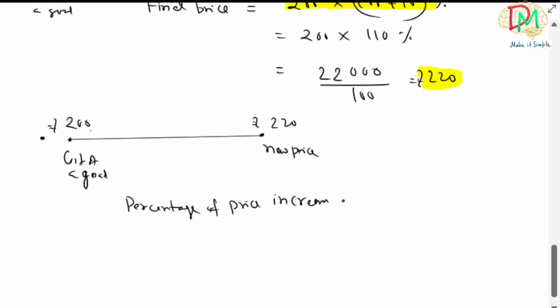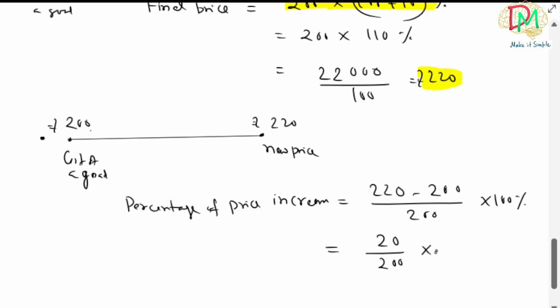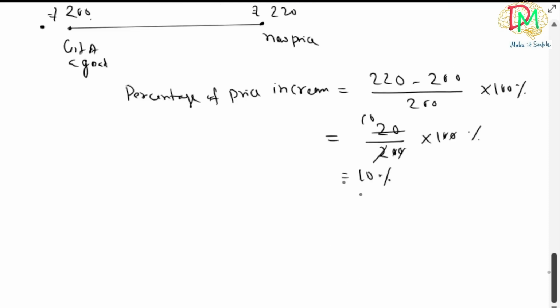Percentage of price increase is equal to how much? 220 minus 200, that is b minus a, divided by a, the initial value 200, into 100%. So that is 20 by 200 into 100%. So 10. So 10% price increase here. Correct?